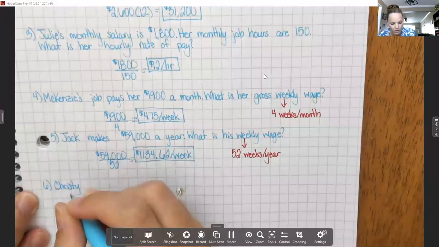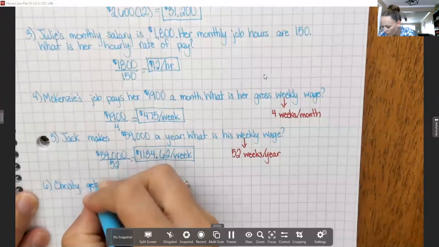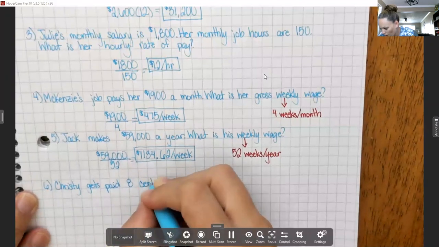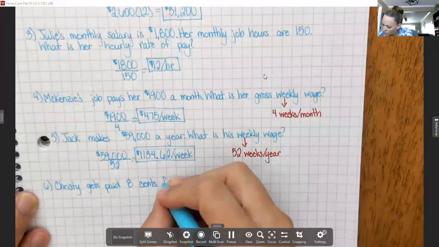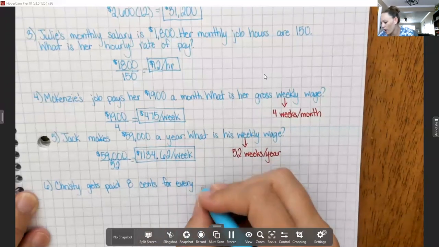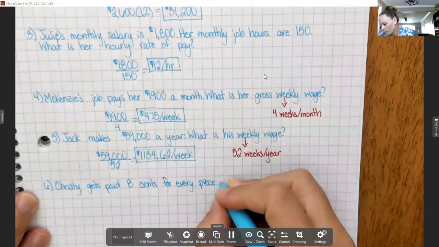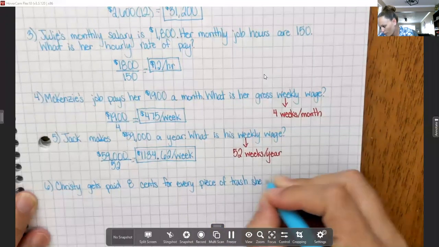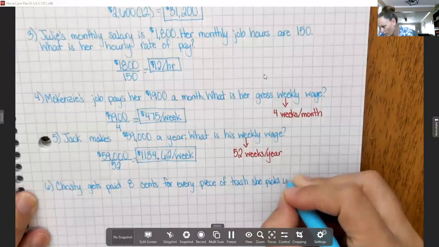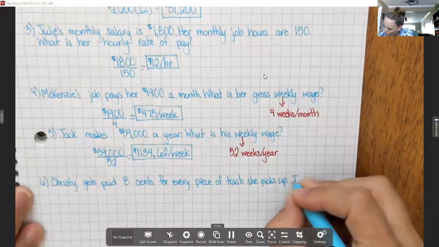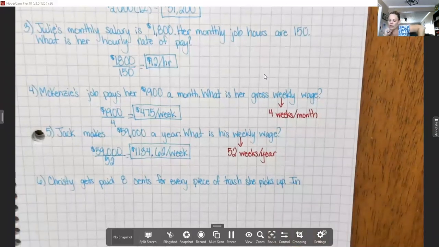Number 6, Christy gets paid $0.08 for every piece of trash she picks up. So Christy gets paid 8 cents for every piece of trash she picks up.